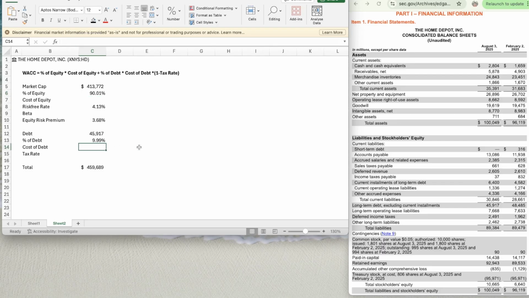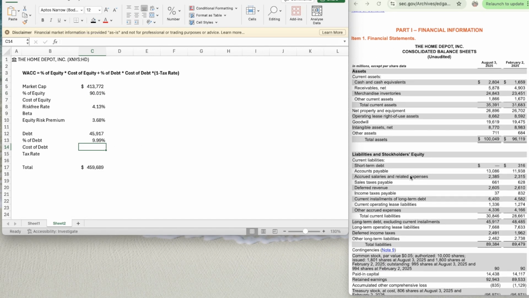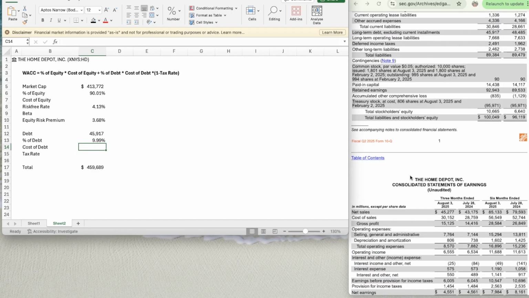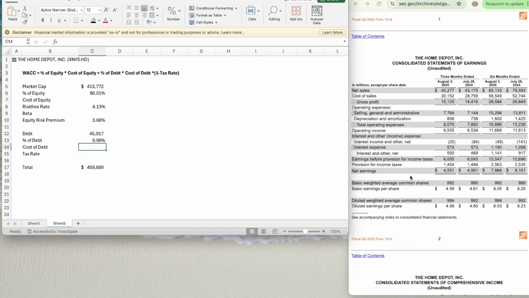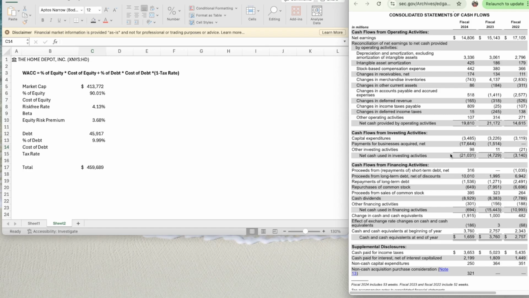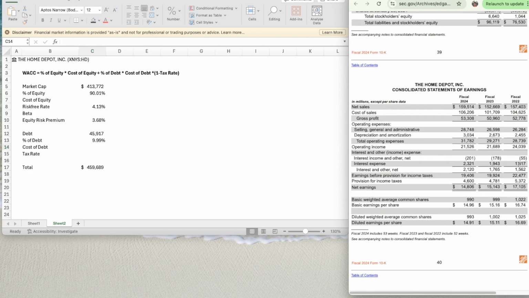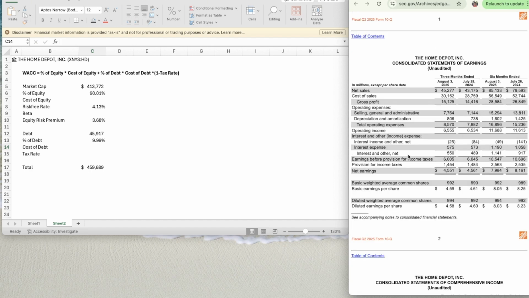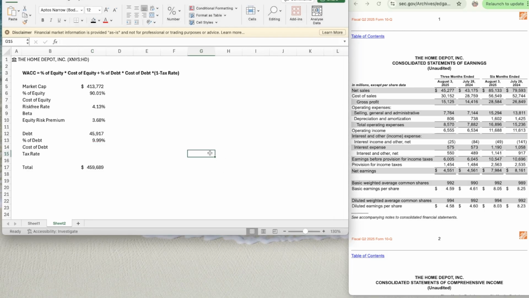Perfect. Okay. And the cost of debt, let's look at what the interest payments are. So for the full year, the interest expense was 2321. Remember that number, 2321. So if we do 1190 multiplied by, let's say 2.2, that will be the interest expense for this year.